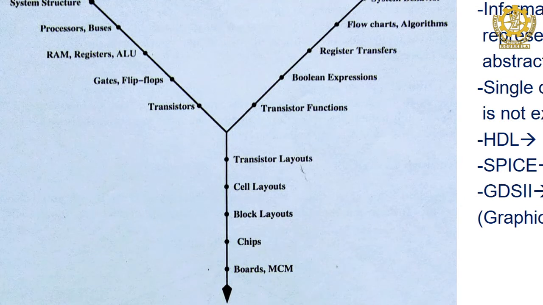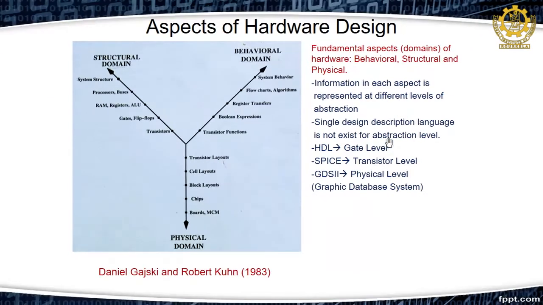Then finally each standard cell or gate will again consist of transistors. So this is how we can represent the entire aspect of hardware design, that is behavioral, structural and physical, in terms of the Gajski Y chart.